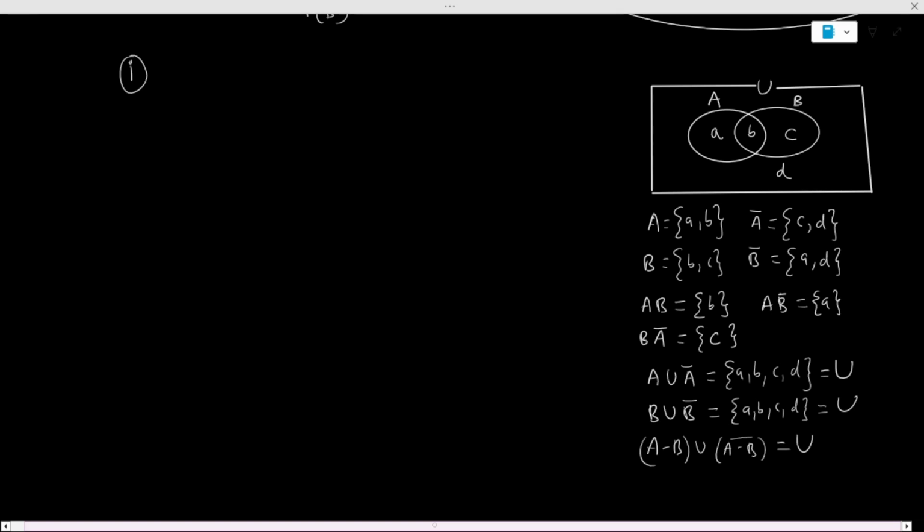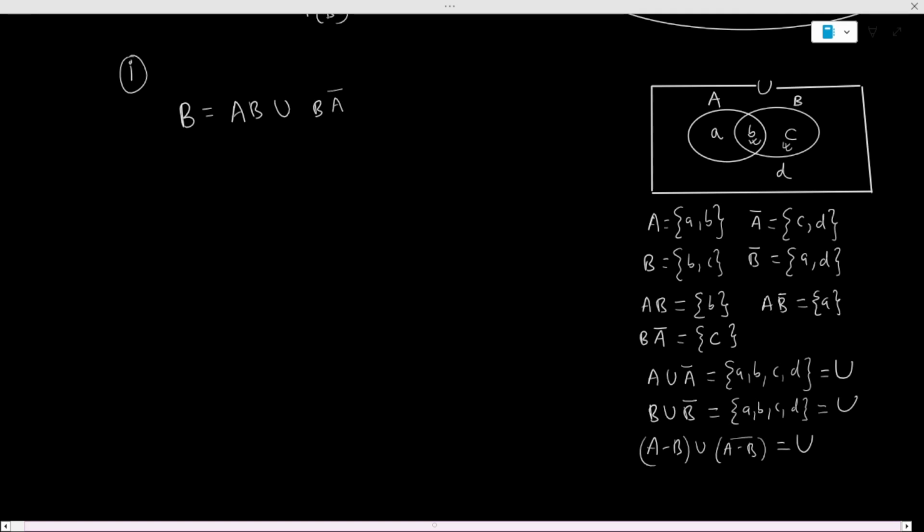Now let us say we are going to write B. B consists of these two elements, B and C. So B, in set notation, first of all, this intersecting part B is A intersection B, that is AB, and then union this part C, which is B intersection A complement.